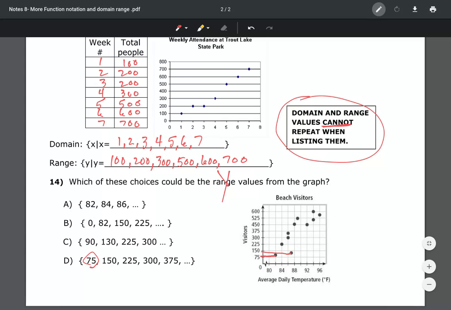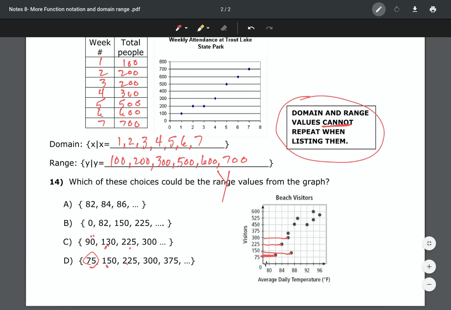Okay, so it could be, I guess, 150. It looks like it could actually be more like 130. So maybe this one that looks like it's above 75, maybe it's actually 90. So then this could be more like 130. And then, look, this one goes right across to 225, which this one does too.